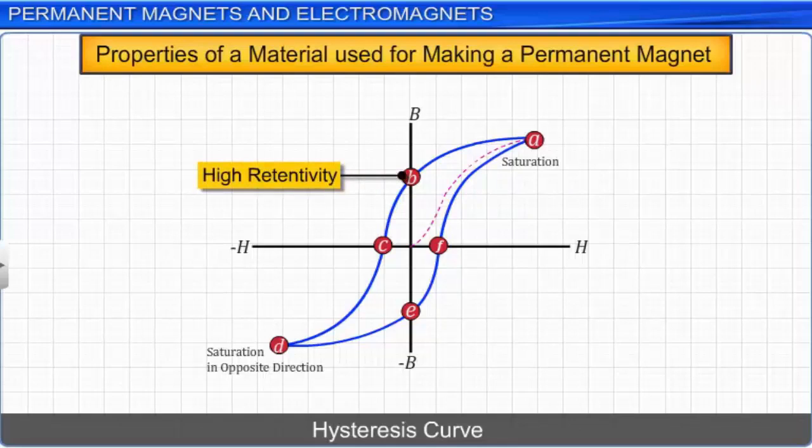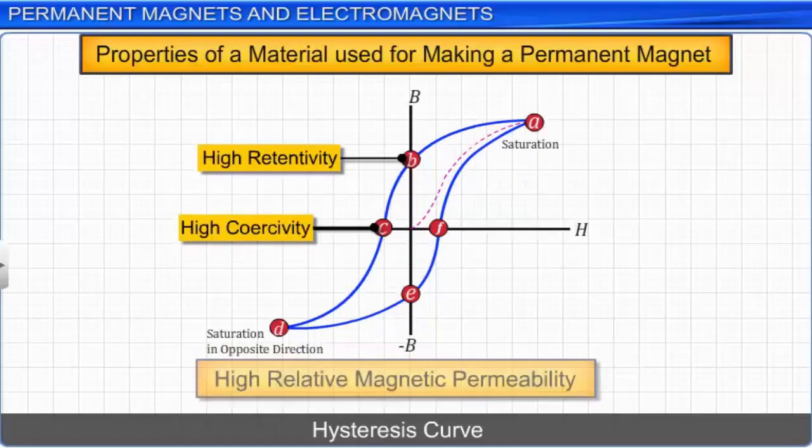The material should have high coercivity so that it does not lose the magnetic property during temperature fluctuations, unwanted or scattered magnetic fields and minor mechanical damage. Also, the material should have a high relative magnetic permeability so that it can be easily magnetized.